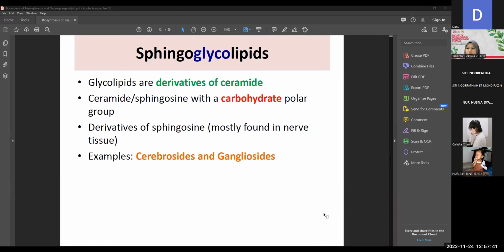All right, so we know that from sphingosine we can synthesize other derivatives of ceramide.